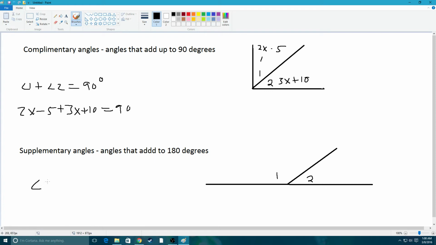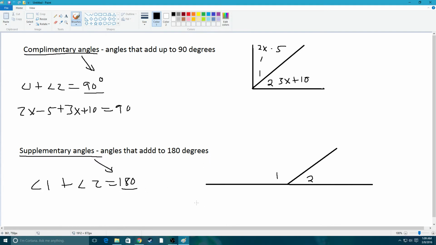Okay. You say angle 1 plus angle 2 equals 180 degrees. You see the word supplementary? That means set it equal to 180. If you see complementary, set it equal to 90. Here's how you remember which one goes with which. What number comes first in the number line? 90 or 180? Which one comes first?